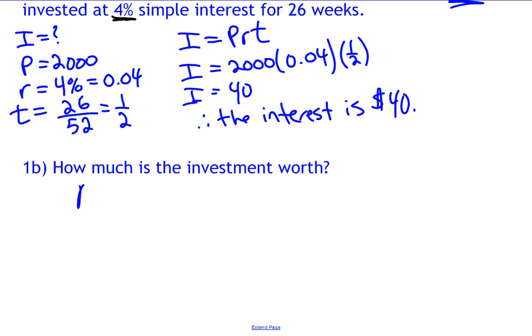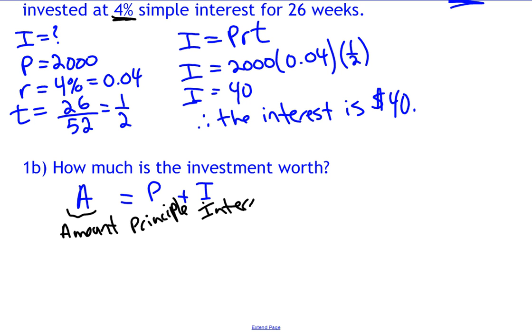I'm going to use A here to represent the amount. That's just equal to the principal plus the interest. And then we can go ahead.